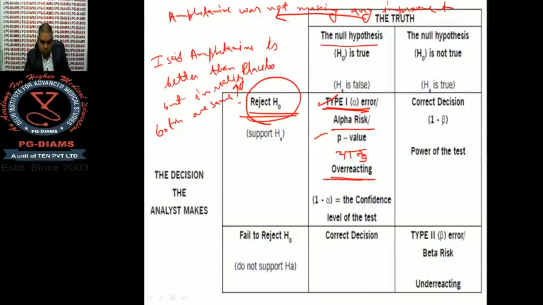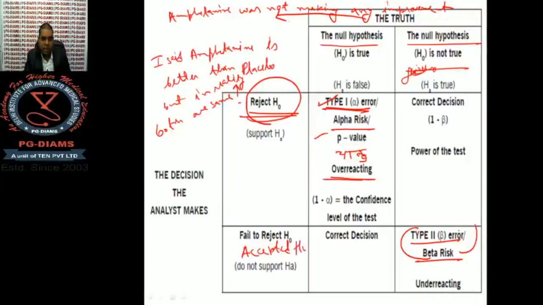Now, what is type 2 error? Type 2 error is said when the null hypothesis is not true. That means giving breakfast improves the result. But what I said, I accepted the null hypothesis. I said that my giving breakfast was also similar to giving placebo.